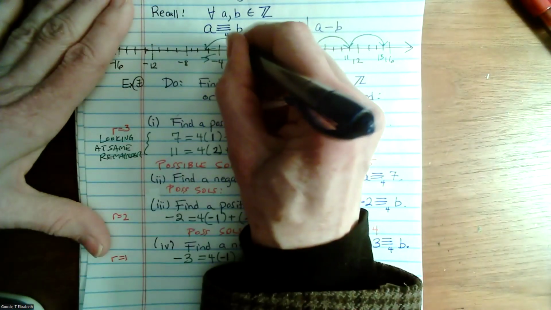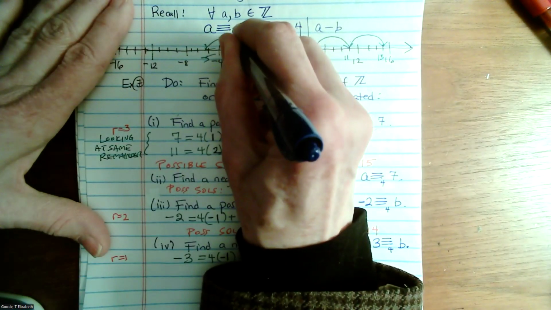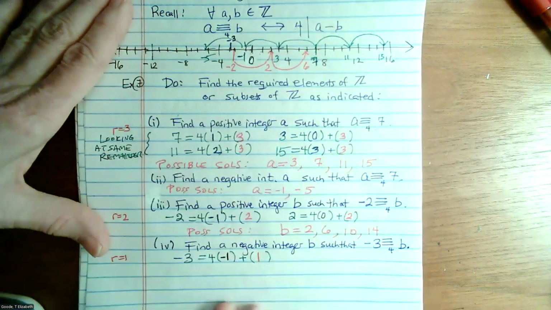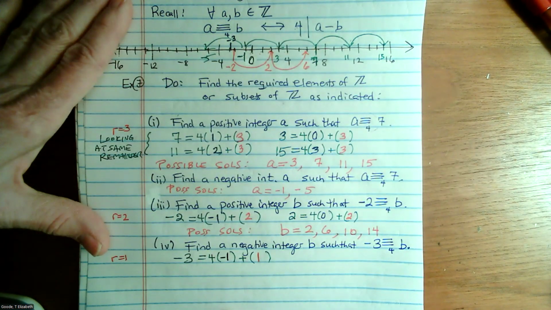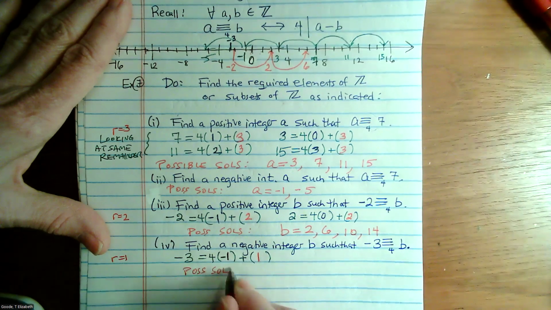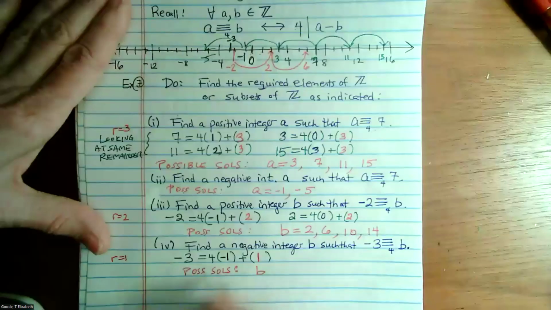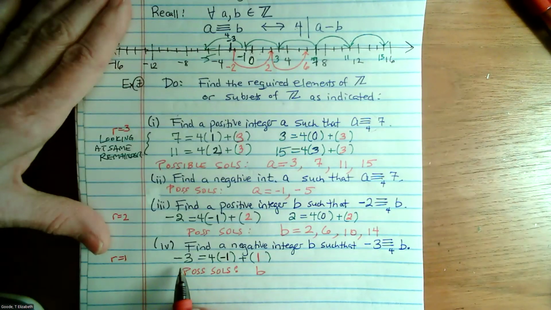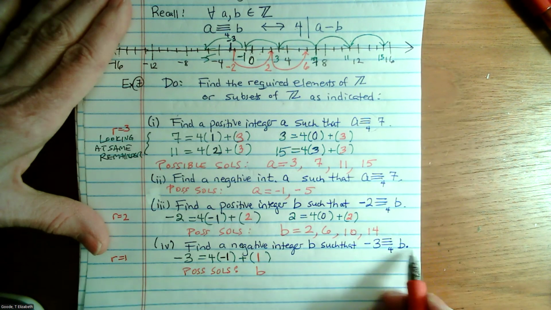We're here at -3. Well, isn't -3 negative? I'll start with that. -3 is negative. And isn't -3 congruent mod 4 to itself? It yields the same remainder as itself.